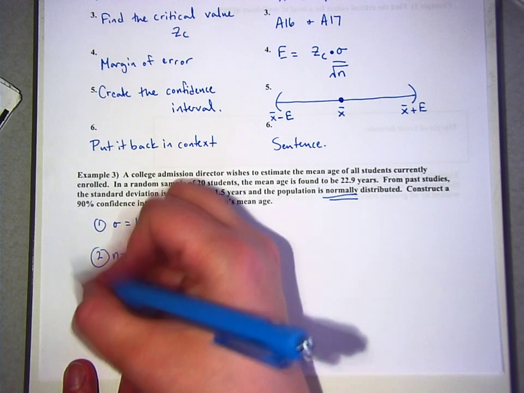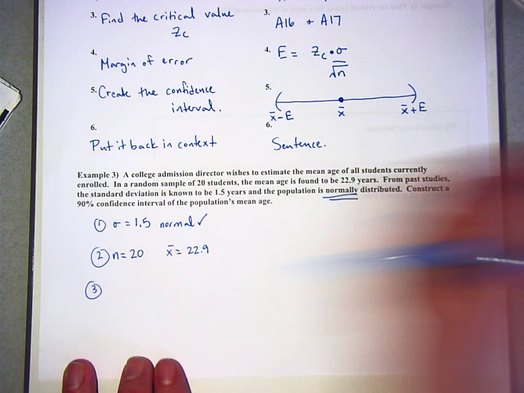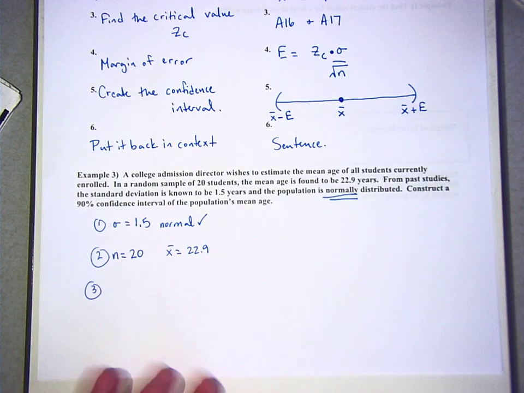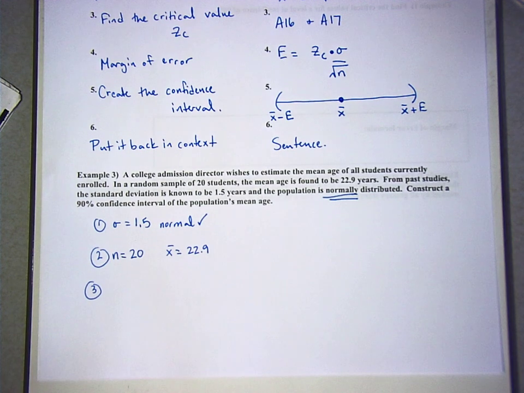Step 3, we have to find the critical z-score. You can draw yourself a picture right now, or we can just try to visualize it. Okay, everybody imagine a bell curve in your mind. Can you see it? Okay, and 90% is in the middle. What's in the tails? 5 and 5, right?